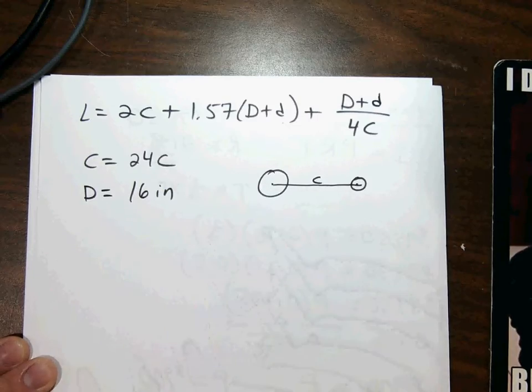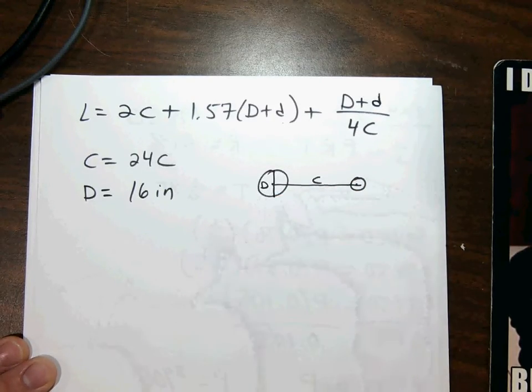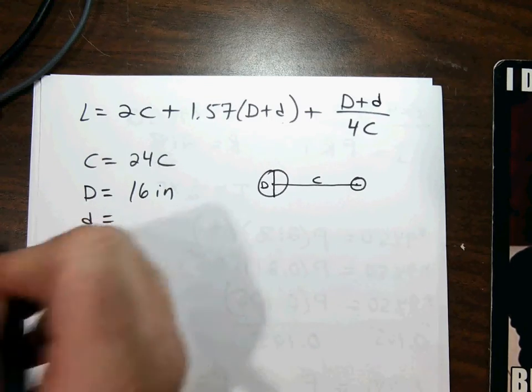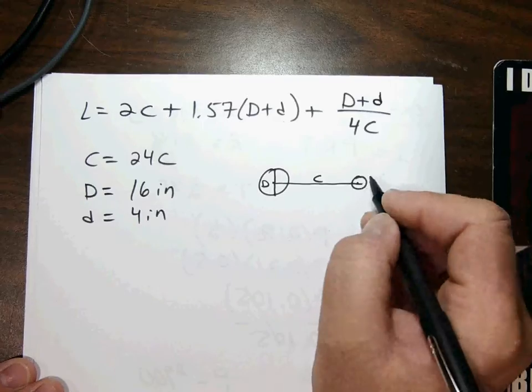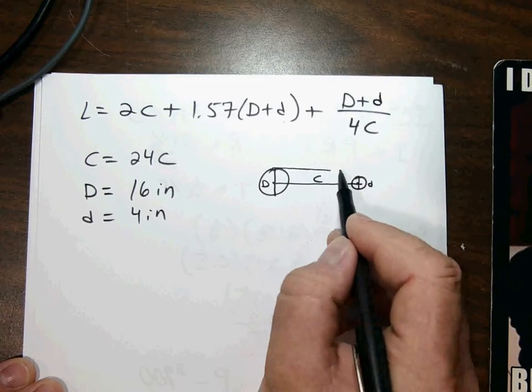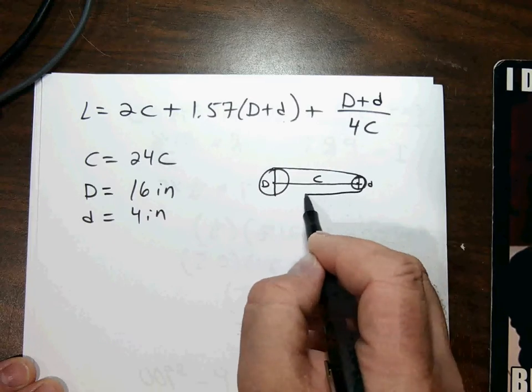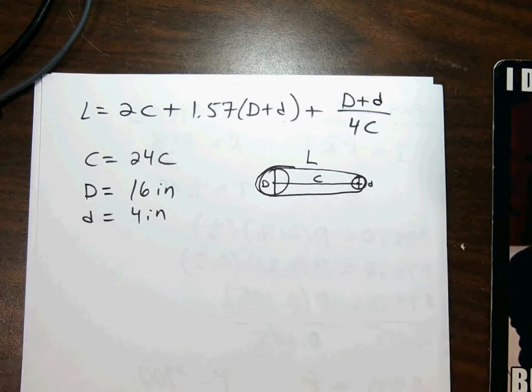That was the diameter of my big wheel. We're told what little d is. Little d is 4 inches. That's my little diameter there. And then there's a belt that goes around both pulleys, all the way around. That's this L I'm looking for. How long of a belt does that need to be?